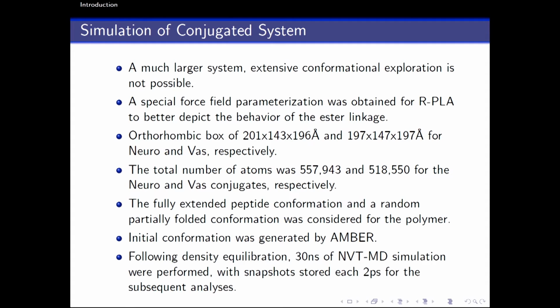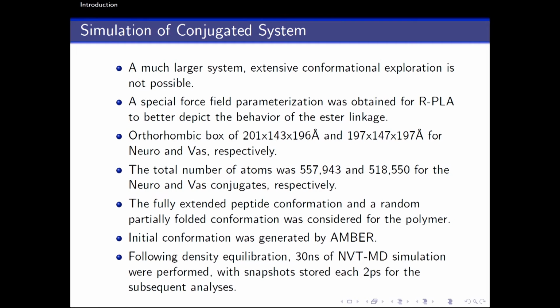And we used similar conditions to the ones that we used in the MD simulations of the peptides. We used a solvent box, an orthorhombic box, much larger one, of course, which resulted in over 500,000 atoms for each one of the systems. Okay, so it was actually a very, very big system. So we needed a lot more computational resources to simulate it.